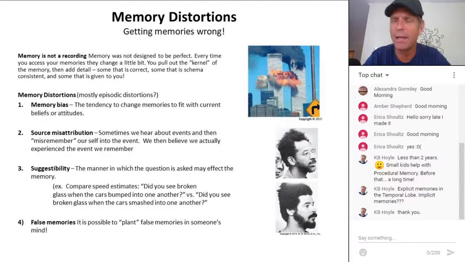Now, let's think about memory. Why did memory evolve? Does anybody have an idea why memory evolved? Is memory really about the past? Does it have any survival value if it's only about what happened before? So what is memory important for?